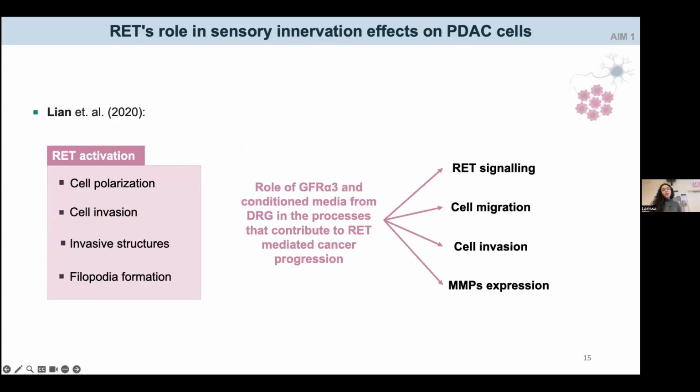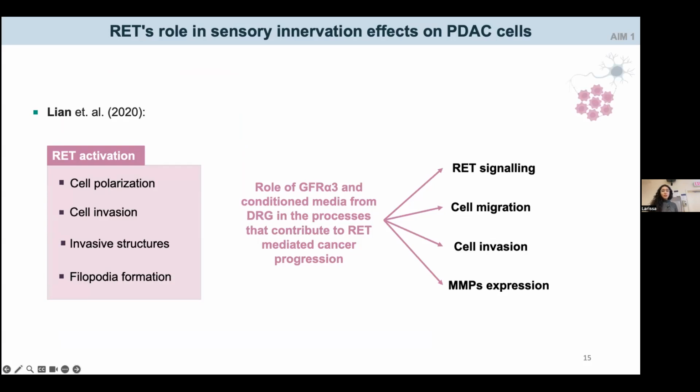So the first aim was to explore how RET mediates the effects of sensory neurons on cancer cells. Previous findings from our lab have indicated that RET activation following treatment with GDNF results in cell polarization, cell invasion, and the formation of invasive structures.